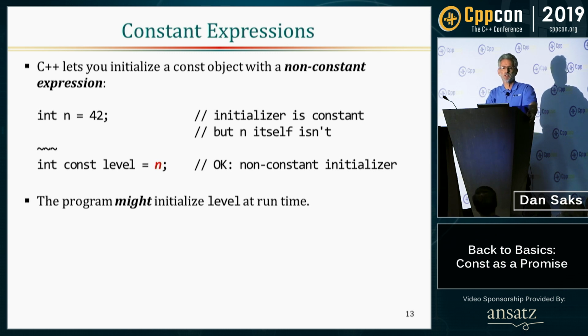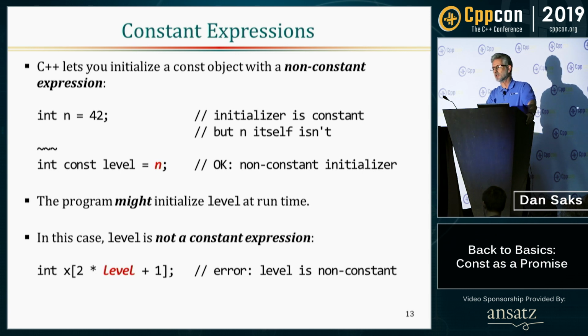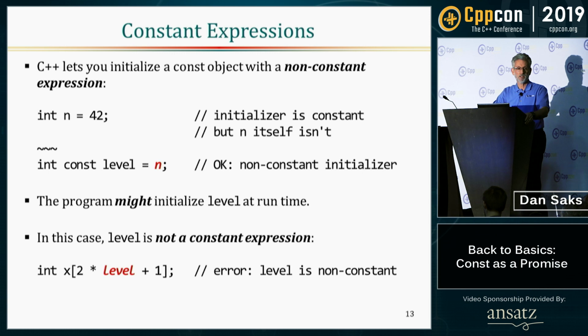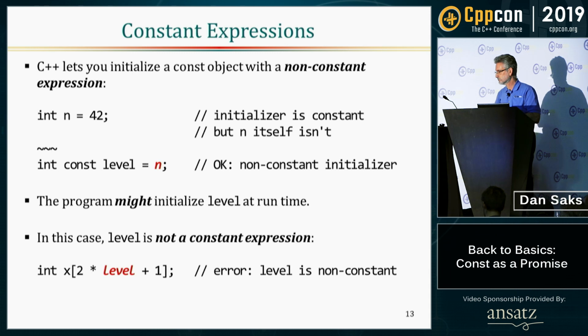So it's a value that's not computable at compile time, and so here's a situation where you can use a constant object in an expression and find that the compiler will complain because level in this context is not a constant. It's a constant object, but it's not initialized with a constant expression, and so it itself is not a constant expression.